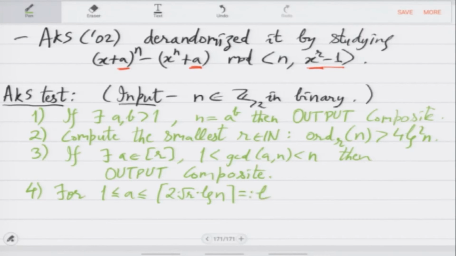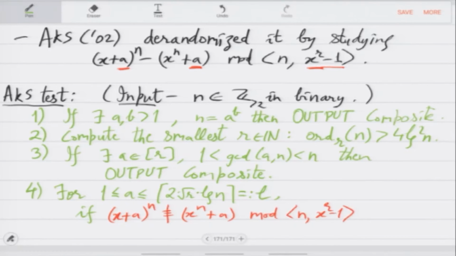Let's call this L. So if this identity holds, or let's say the opposite, if somewhere it fails, then that's a certificate, that's a proof that n is composite.